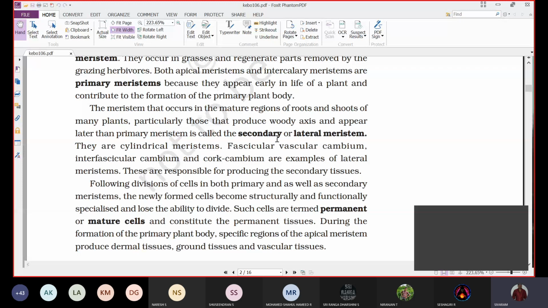When you observe the meristem that occurs in the mature regions of the root, that means after the complete formation of primary tissues, the secondary tissues are developed, which helps in the secondary growth of the plant body.